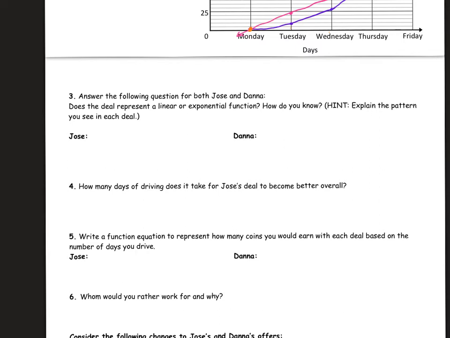Okay, great. So for Jose, what do we know about Jose's function? Well, we know that we're multiplying every time by the same number, which means we have a common ratio, right?